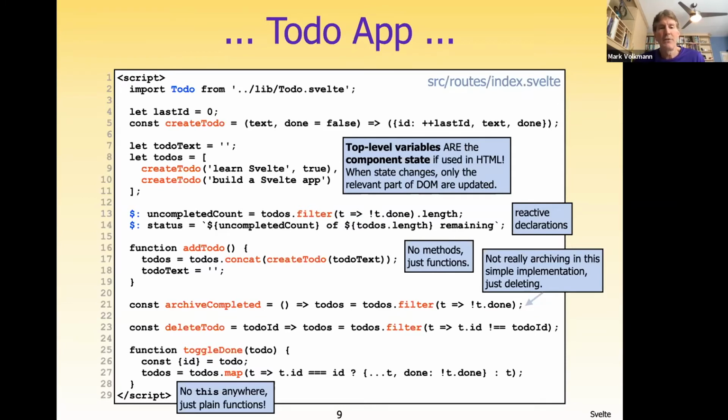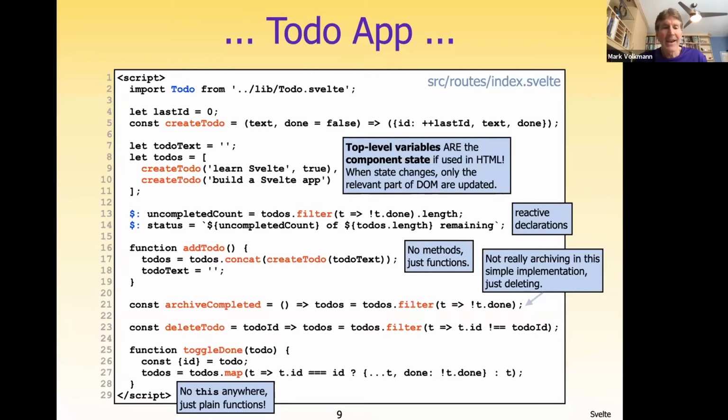So one piece of functionality is to add a new to-do. And we'll see coming up that anytime the user types input into where they can describe a new to-do, it's going to modify the value of to-do text. So when add to-do is called, I know that that already has the new value. So I just pass it to create to-do to make a new to-do object.